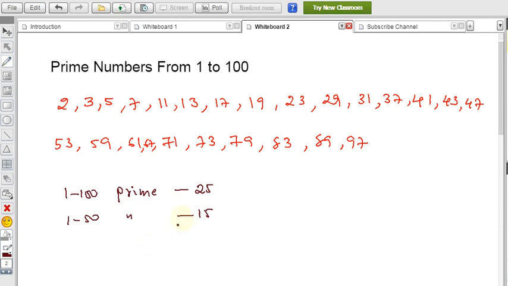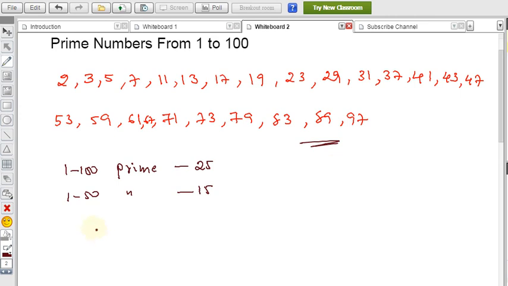These are the 25 prime numbers in total. If in the question they ask for primes from 51 to 100, then from the total of 25, the first 50 has 15. If you subtract, there are 10 prime numbers between 51 to 100. We can use this for any such questions that arise. So these are all the 25 prime numbers from 1 to 100.